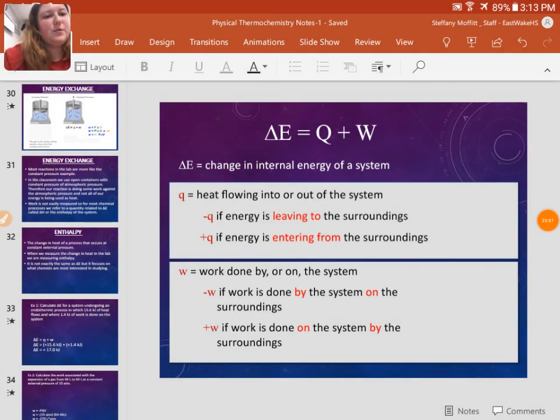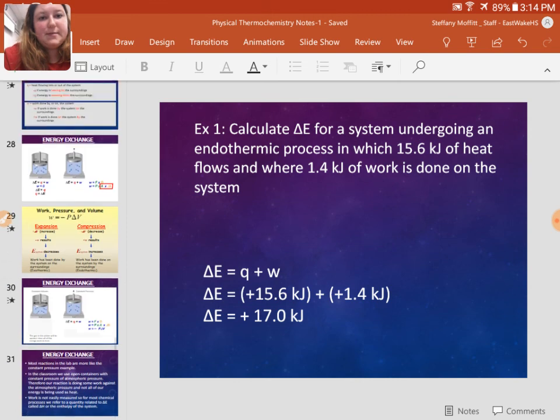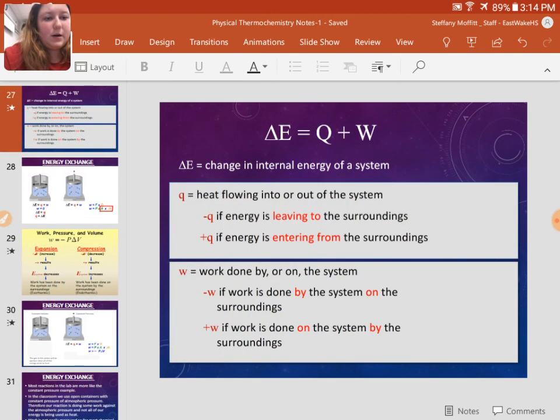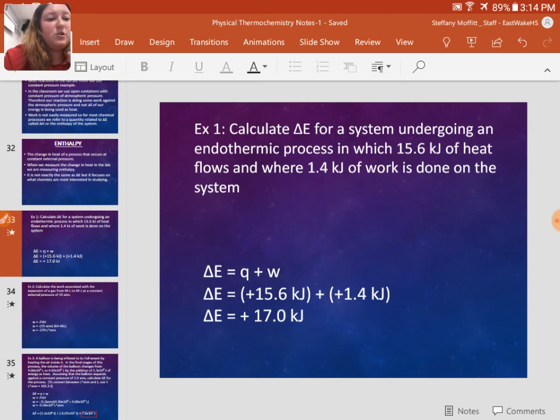If it says it's endothermic, the energy is entering from the surroundings, the surroundings are getting cooler, so Q is positive. And it also says that work is done on the system. If I look back again, when work is done on the system, our W is also positive. So you just have to look really carefully at your positives and negatives.